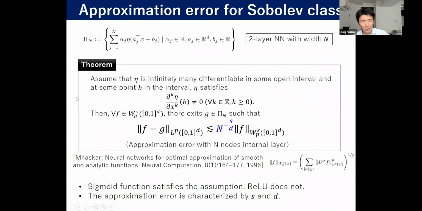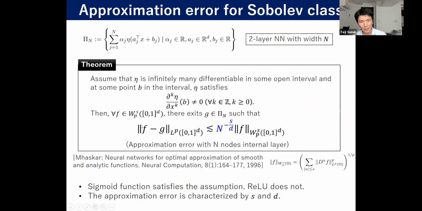Let us consider a Sobolev class. Maybe the Sobolev class is a little too complicated, but I will explain in an intuitive way. The function f in the Sobolev class is s times differentiable. More precisely, the norm of the Sobolev space is defined like this.